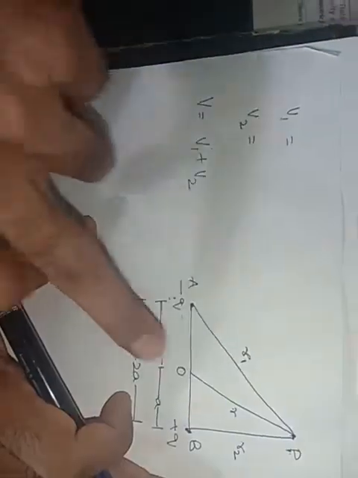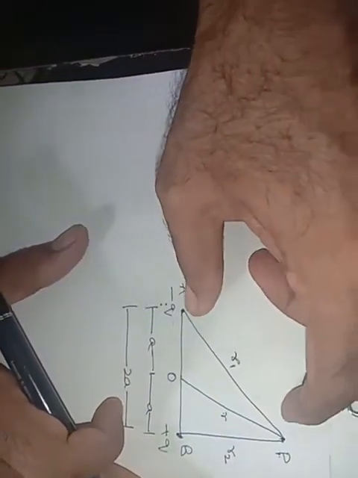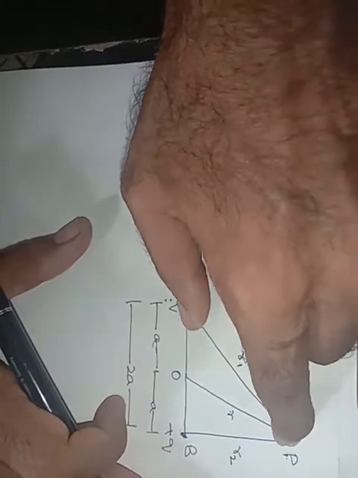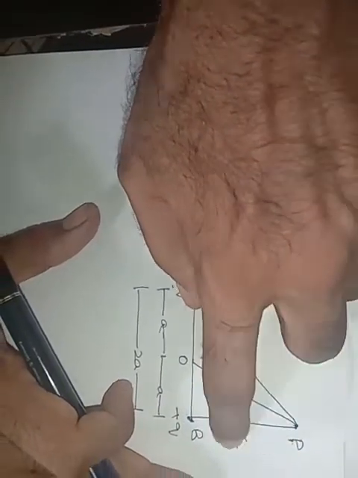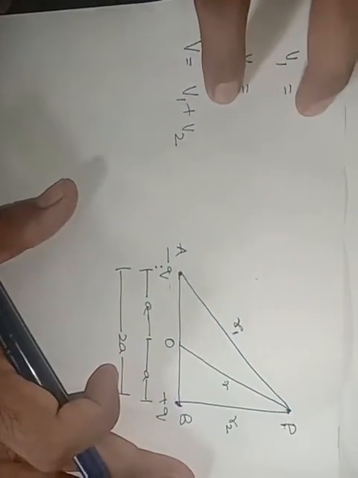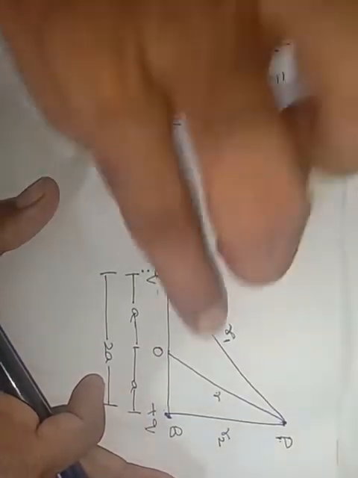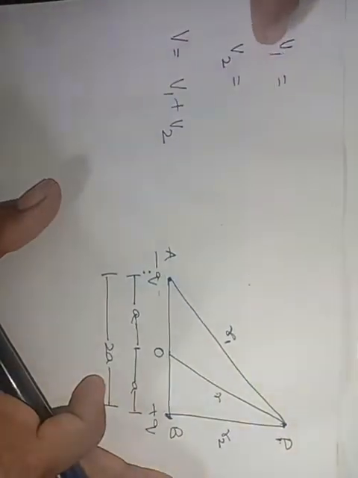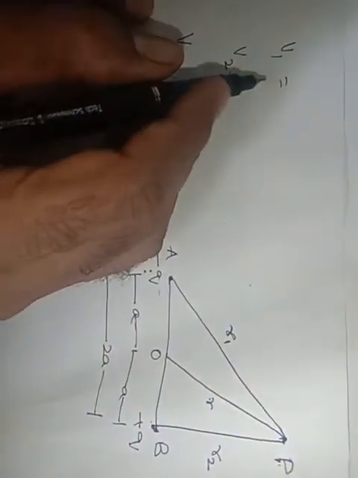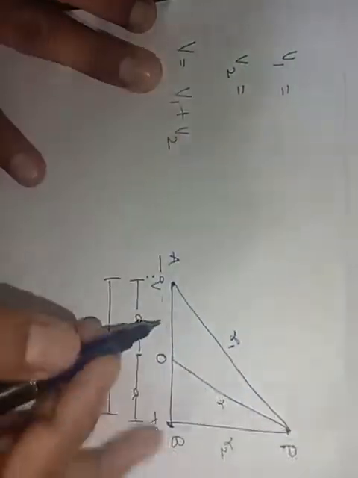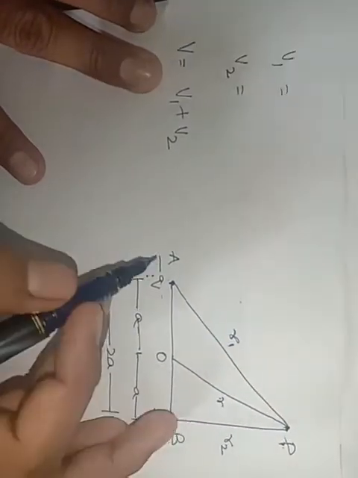Here two things are there. First, the distance between A and P is R1 and the distance between B and P is R2. First we will substitute the values of R1 and R2 as they are in V1 and V2. How will you calculate V1? V1 is the potential at point P due to the minus q.